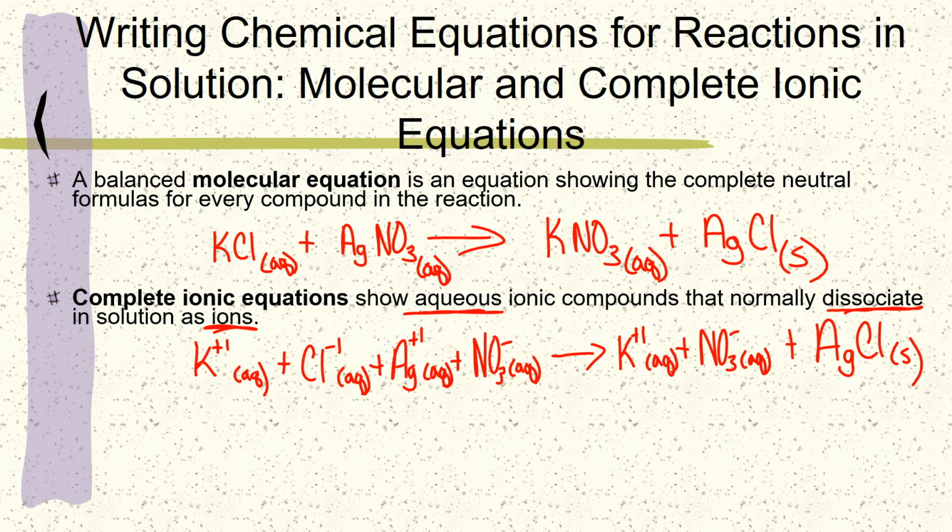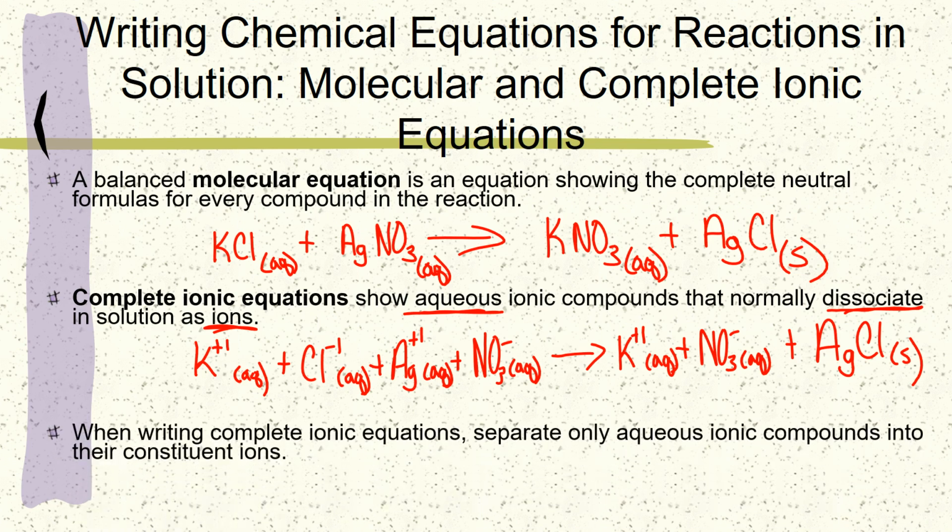All right. So when you're writing complete ionic equations, we only separate the aqueous compounds. Everything else stays exactly as it is. So if it's a solid, liquid, or gas, you leave it alone. But if it's aqueous, we split it into its component ions.